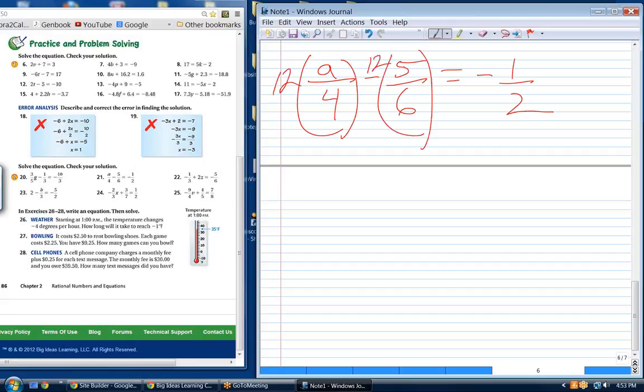And I like this step. I like doing this because I like getting rid of my denominators as quickly as possible. So what's the next line? A minus. Hold on. We got 12 times A over 4. What does that equal to? 3A. Okay.